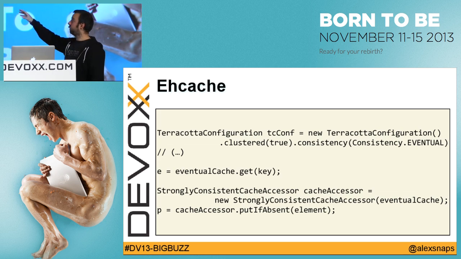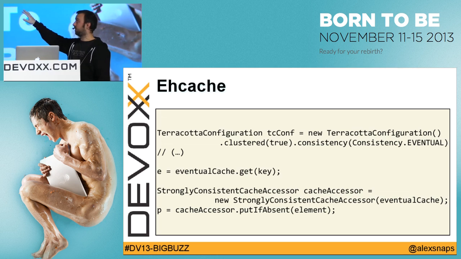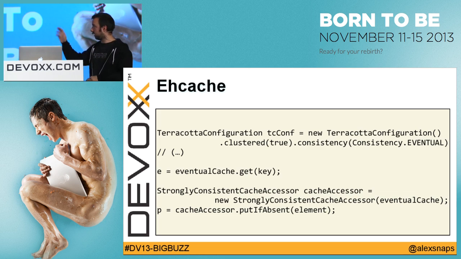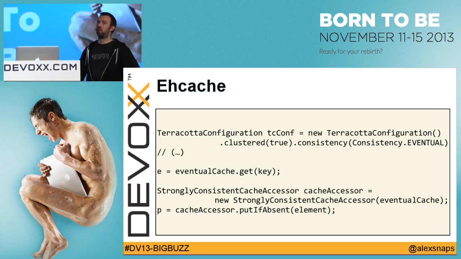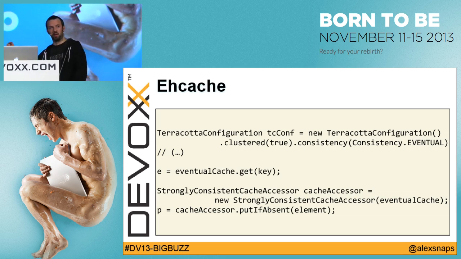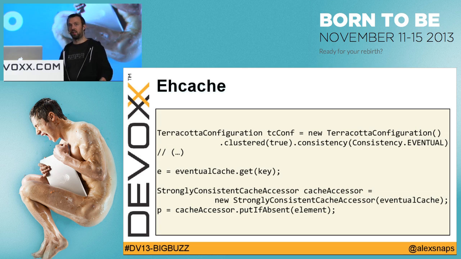I create this strongly consistent cache accessor that wraps my cache, so basically gives me a strongly consistent view on the data inside this cache that was configured to be eventual. And I used this accessor to do a put if absent. That was probably a confusing bit. I'm trying to be smart here, and I fail, obviously.